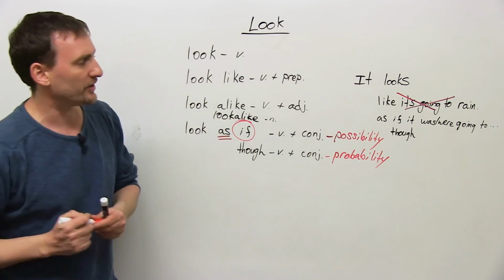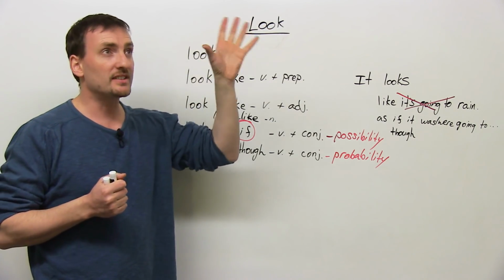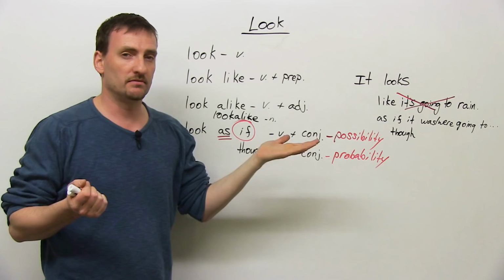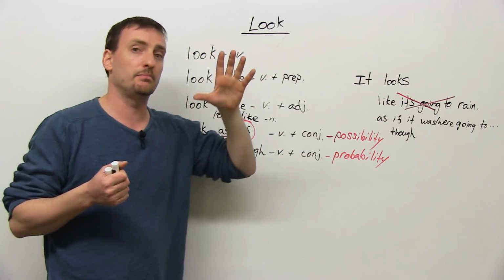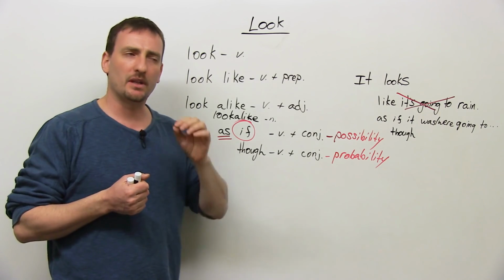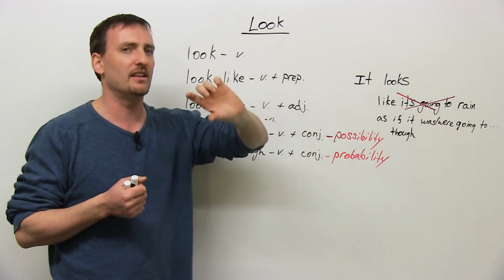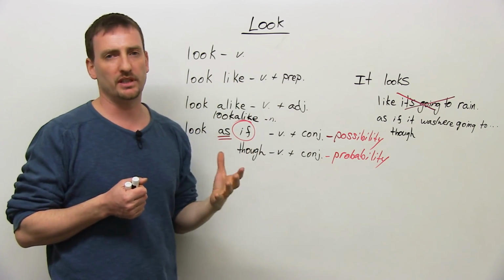So it looks as if it were going to rain. It looks like it might, but we don't know. It might not rain. We don't really have enough reason to think so. Yeah, looks as though it's going to rain. I'm a little bit more sure because I can hear the thunder, or I can see the lightning. I have more reason to believe so.